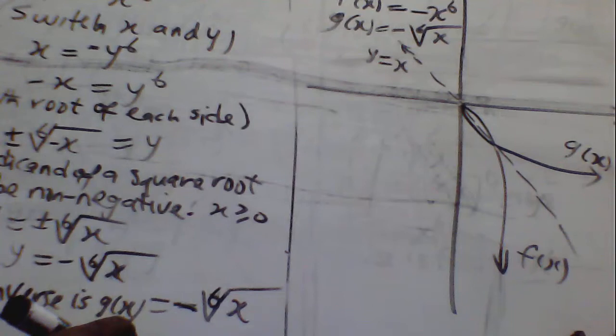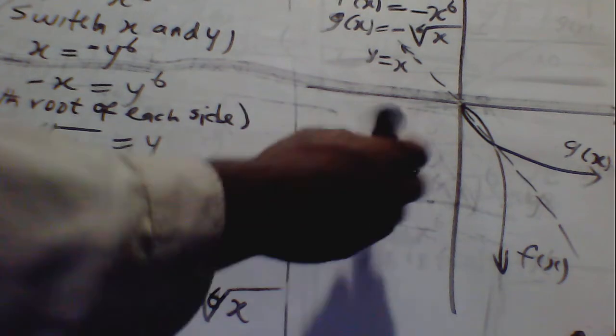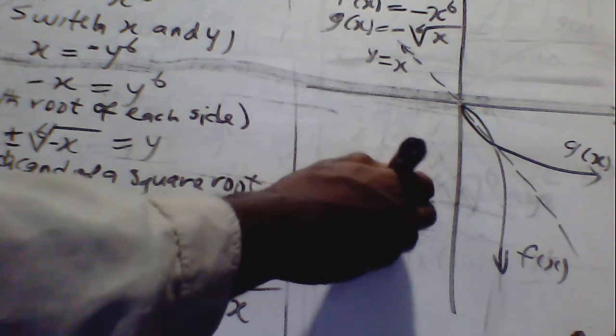You have already found the inverse of the function. This is the inverse. Then graph the function and its inverse. This is how it's supposed to be. Looking at it, you see that they are inverse of each other, for x greater than or equal to 0.